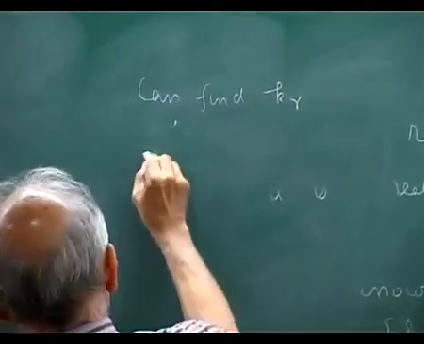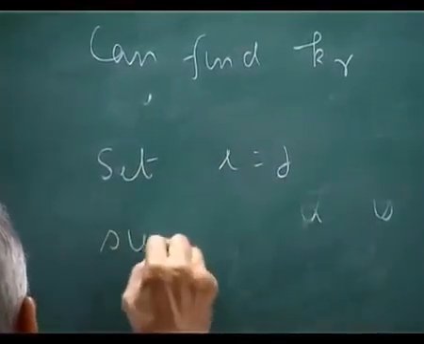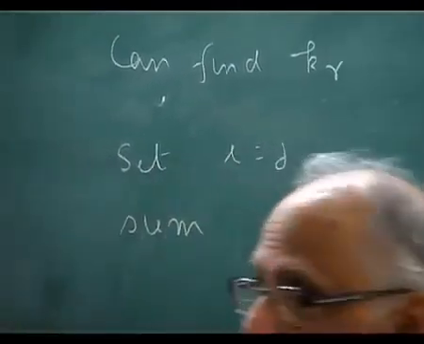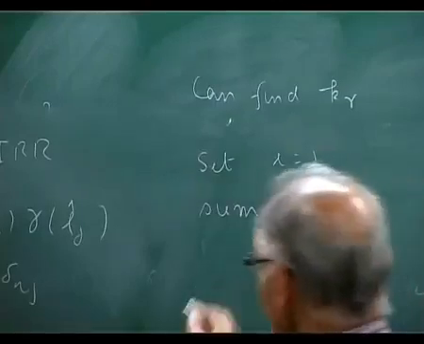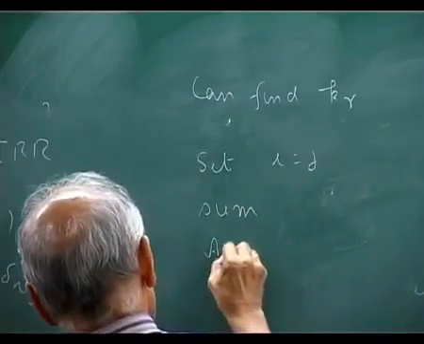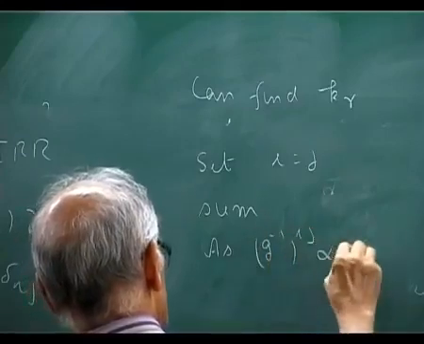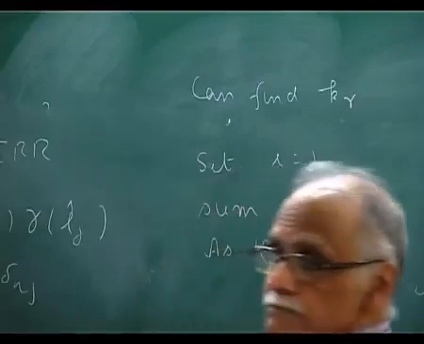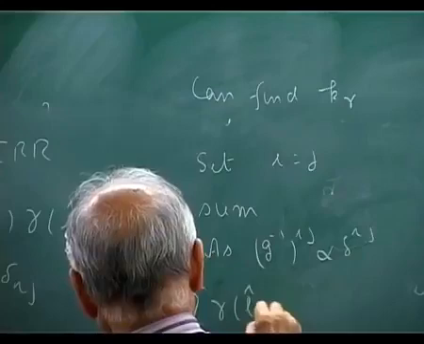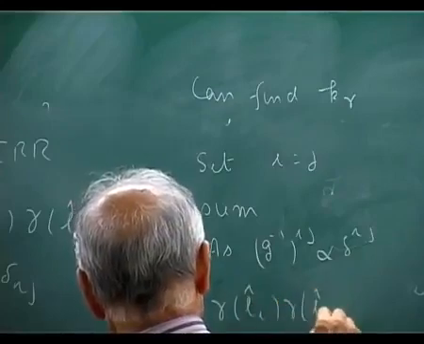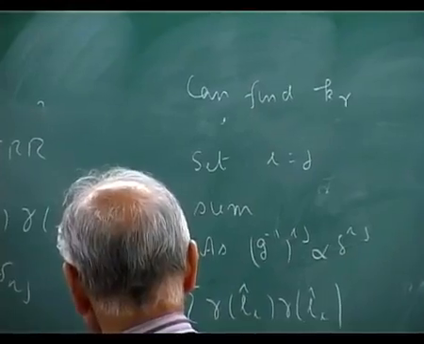What do I do? Set i equal to j and sum. Then as G inverse ij is proportional to delta ij, this object here, gamma L hat i, is the quadratic Casimir up to normalization.